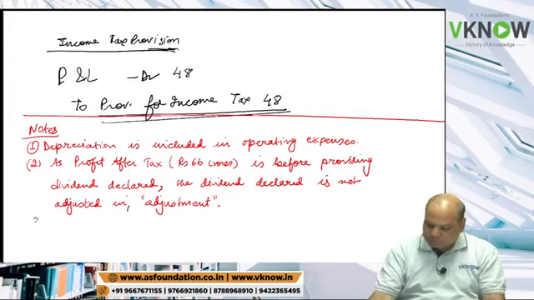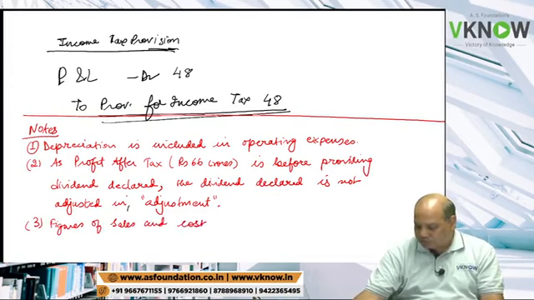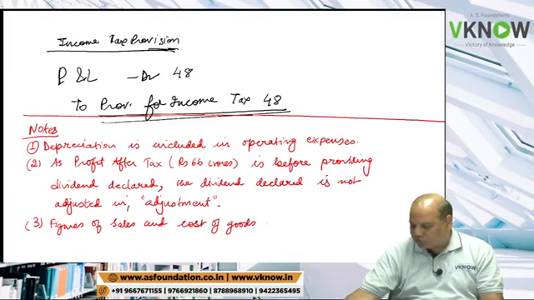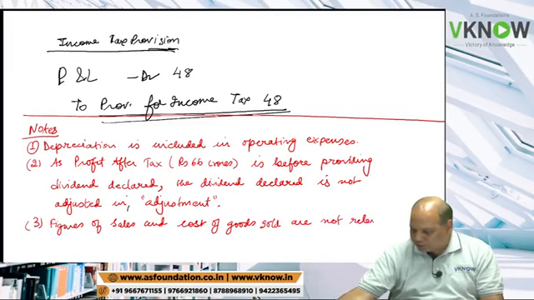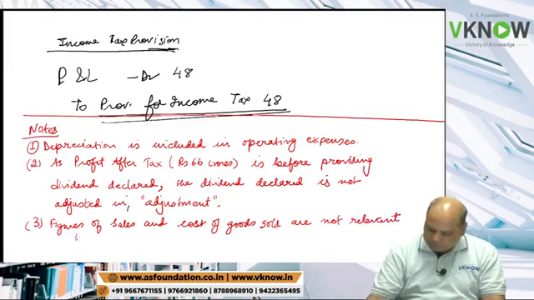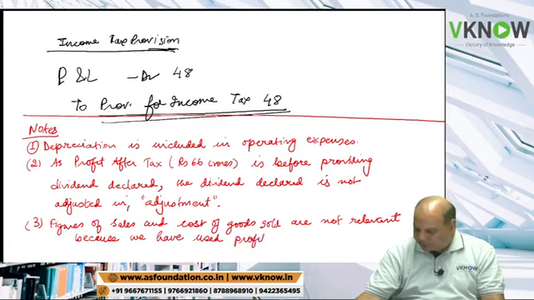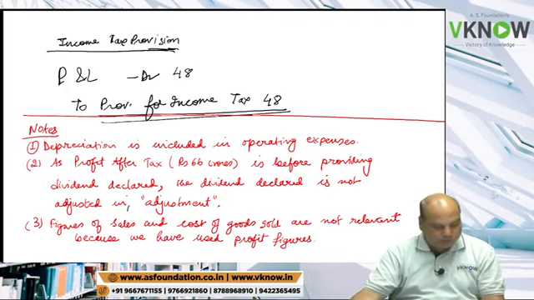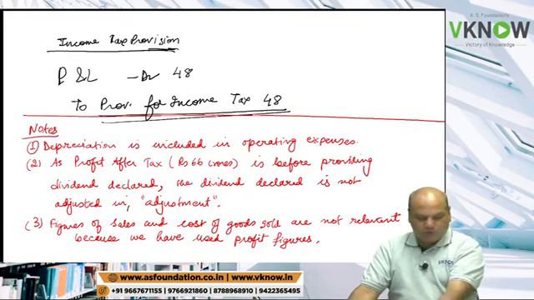Point number 3, write down: figures of sales and cost of goods sold are not relevant because we have used profit figures.